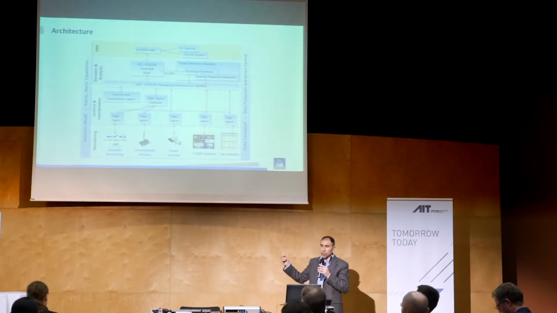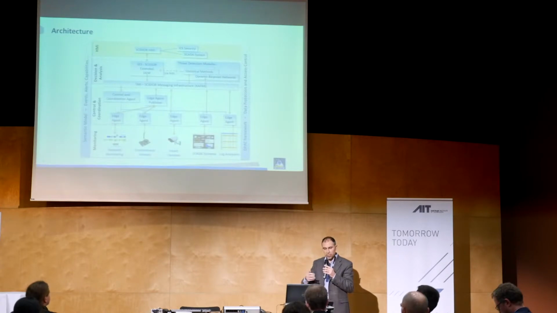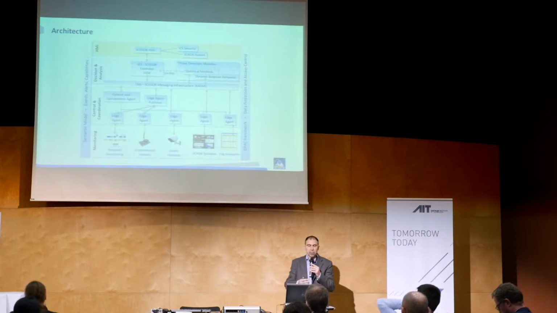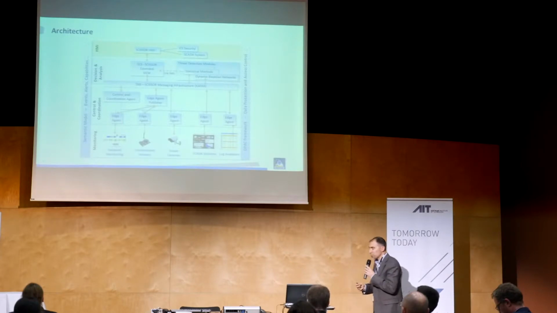So we start from the lower layer where we have the actual monitoring of events, and we have, as I said before, several types of monitoring, from network monitoring to environment monitoring, smart cameras, and monitoring of SCADA logs and of logs of other IT system. Then we collect all this heterogeneous type of information.